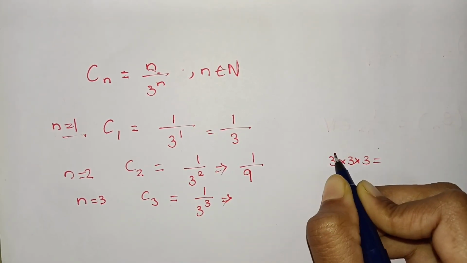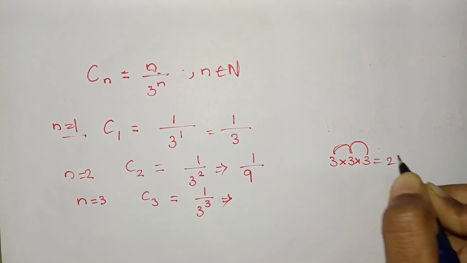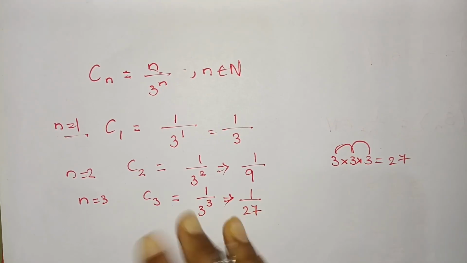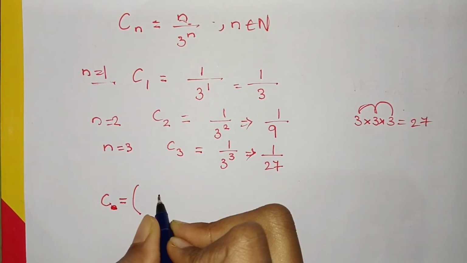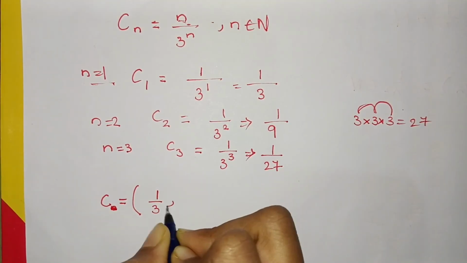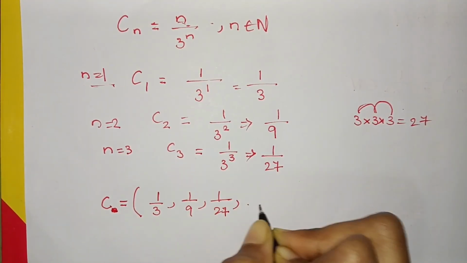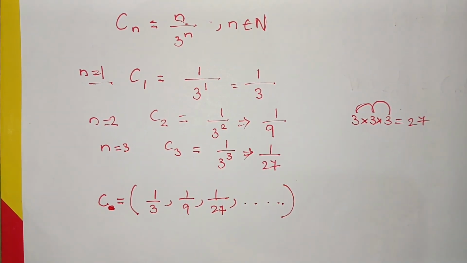So 3 3s are 9 and 9 3s are 27. So the answer is 1 by 27. So finally we should write like this: open bracket, 1 by 3 comma 1 by 9 comma 1 by 27 comma and so on. That's it. Close the bracket.